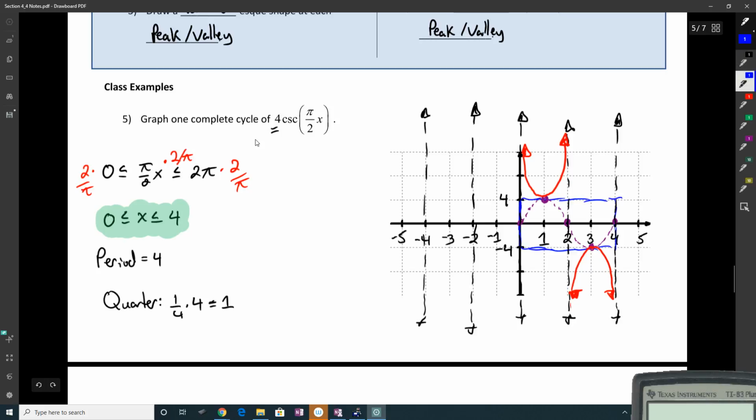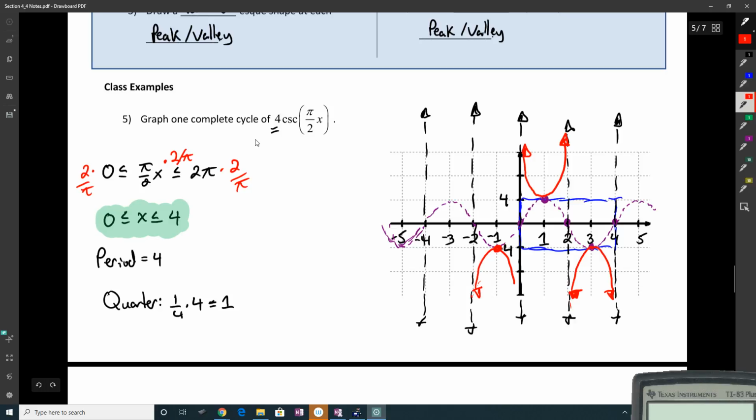And I can continue the sine cycle, and I can create my graph. So I know that this point here, it's going to go down.